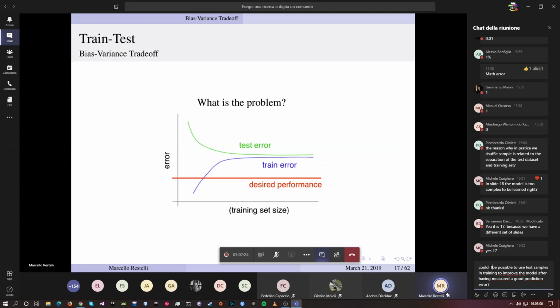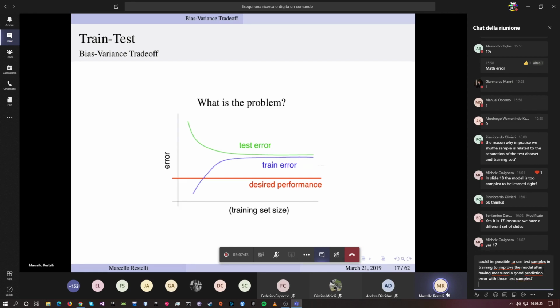Because what is the difference between the test error and the train error? We have said that the train error is more or less an estimator of the bias. We said that the test error is an estimation of the prediction error, so the true error.